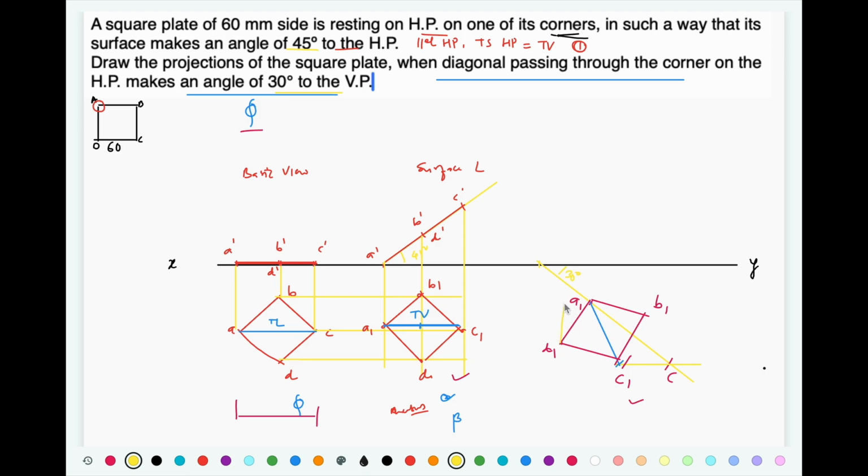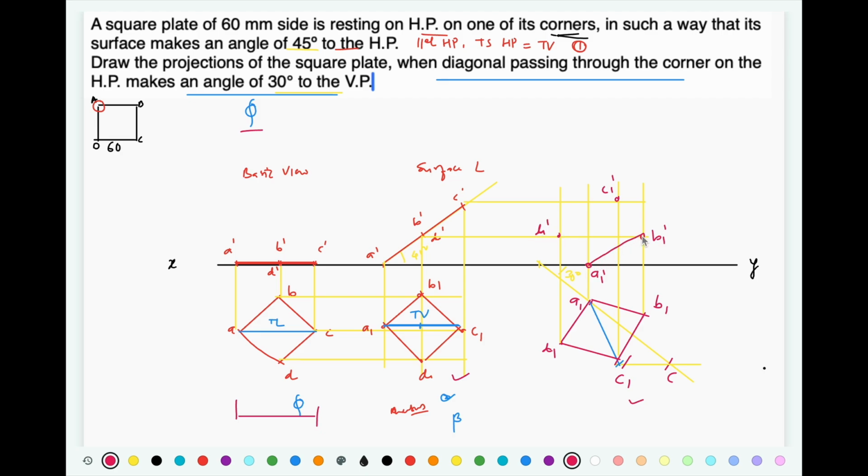Now project all the points for the front view. Project all the points from the surface inclination step and connect the respective points. So this is going to be A1 dash, this is going to be B1 dash, this is C1 dash, and this is D1 dash.